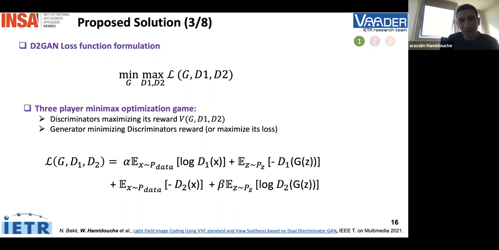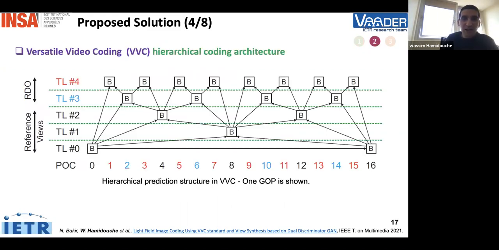So now we will see how these reference and no reference views are encoded in a hierarchical coding architecture. Here we see the group of pictures, and how these views are encoded using VVC and temporal scalability. We have here the temporal layers in the GOP. For example, the first, second and third temporal layers will encode the reference views, and temporal layers 3 and 4 will encode the no reference views.